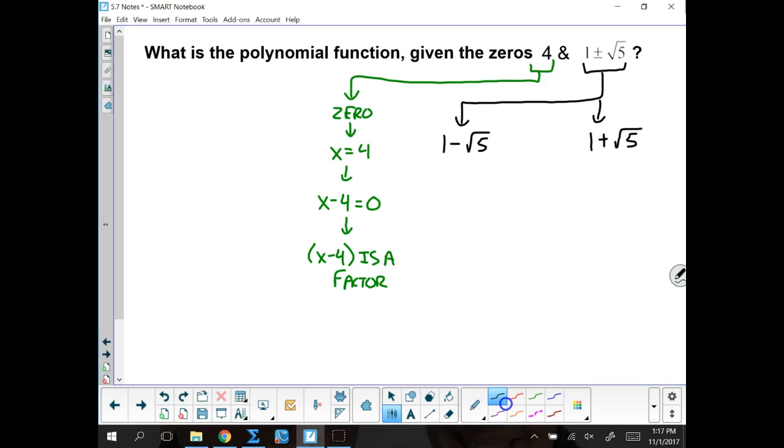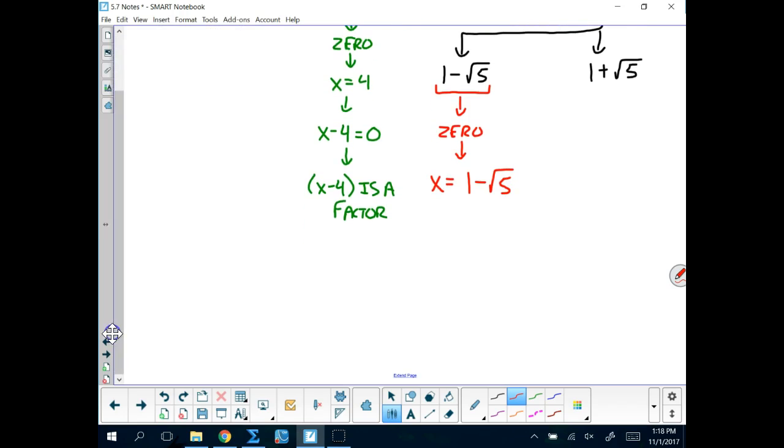So now this one is my 0, right? Which means then at some point in time x had to equal 1 minus the square root of 5. Which means that x minus 1 plus the square root of 5 had to equal 0.